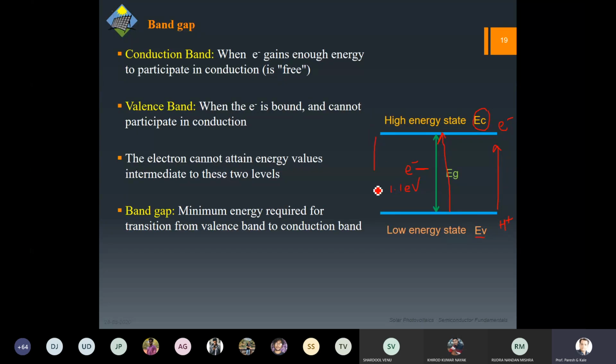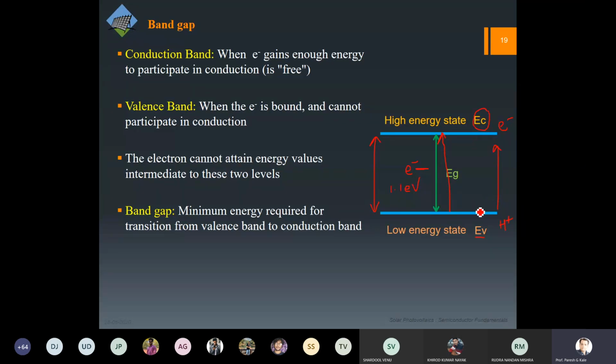By the way, we can define the band gap as the distance, meaning the energy level difference, between EC and EV. So it has 1.1 electron volt. So for this generation to happen, we have to give a photon of 1.1 electron volt so that the electron will go up. If there is a photon of, let us say, 0.5 electron volt, it cannot knock out the electron and cannot send it to the conduction band. So that photon is a wastage.